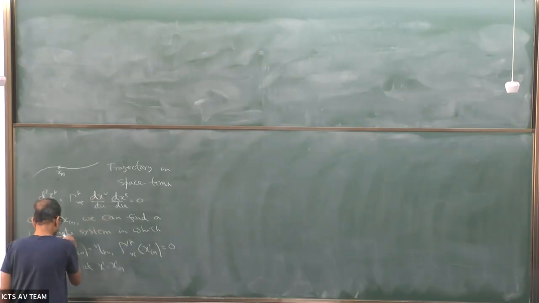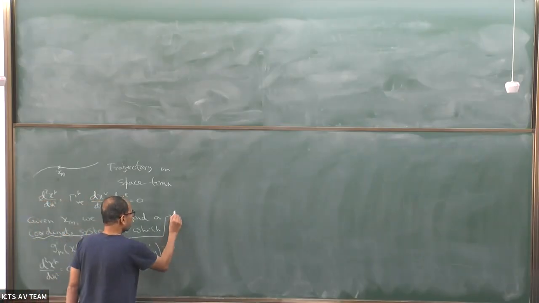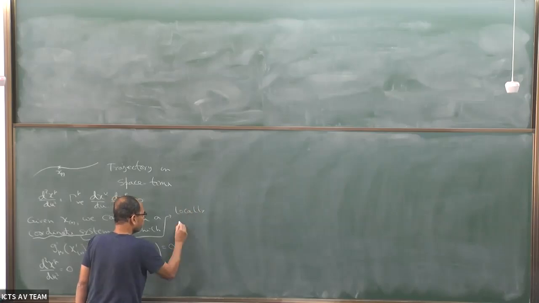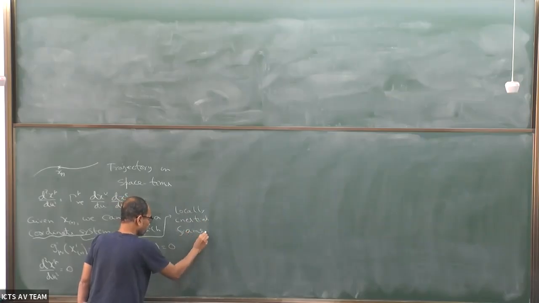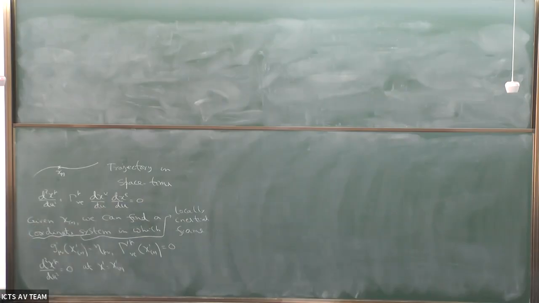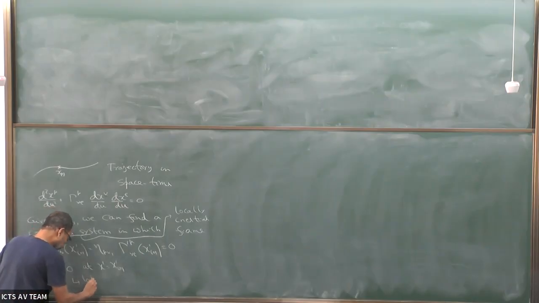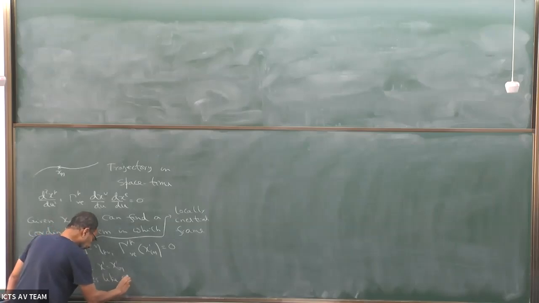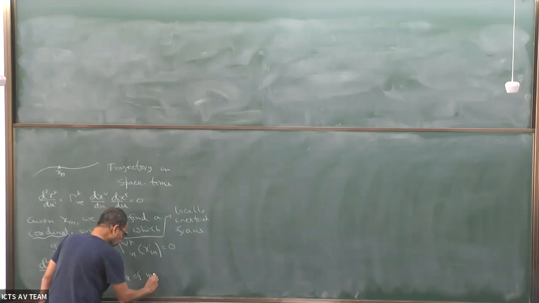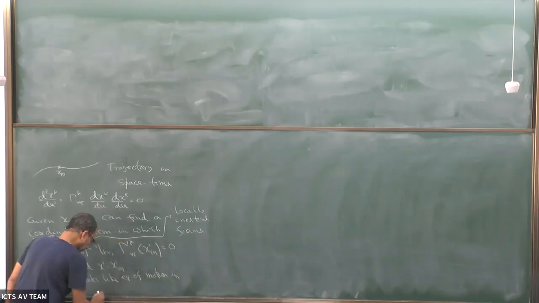And what we see is that in the locally inertial frame, the equations of motion look like the equation of motion in flat space-time, in the absence of gravity.